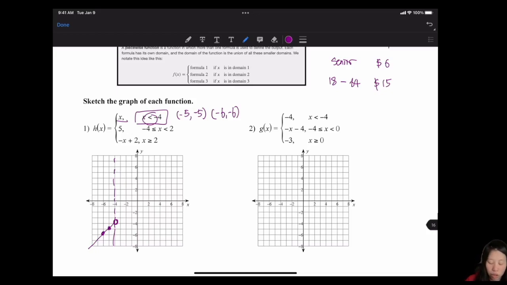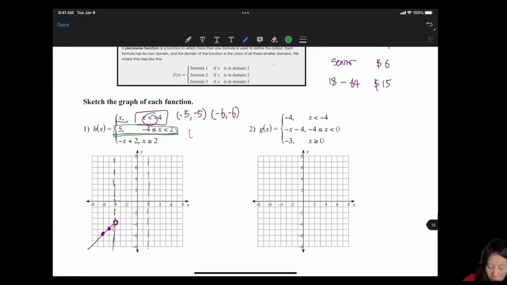Okay, so for the second range, I'm going to use a different color. When x is between -4 and +2, so that means from this area, -4 to +2. Can you see it? Oh, let me change to green. Okay, so h of x is equal to 5. What does that mean?